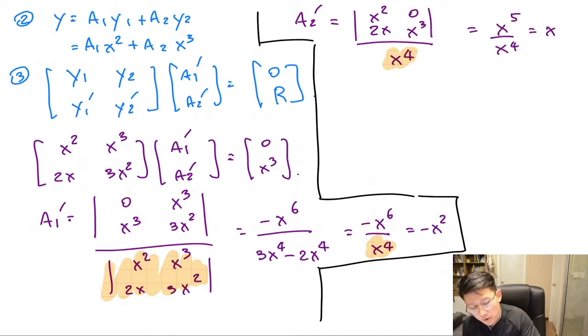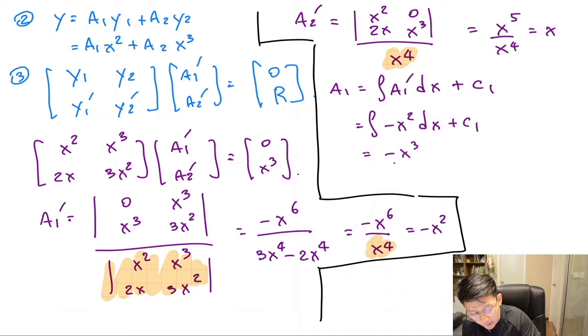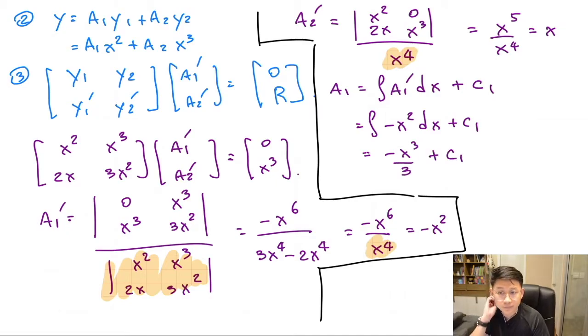Okay, so you have that a1 is the integral of a1 prime dx plus c1. And that is the integral of minus x squared dx plus c1, and that's minus x cubed divided by 3 plus c1.